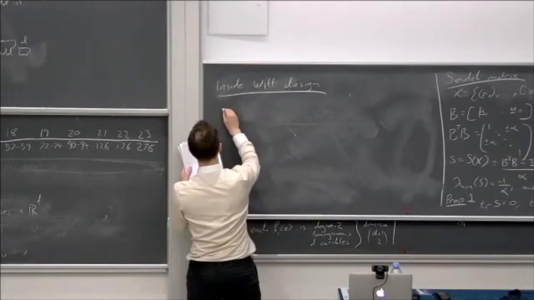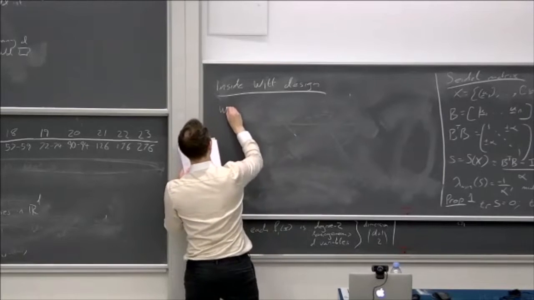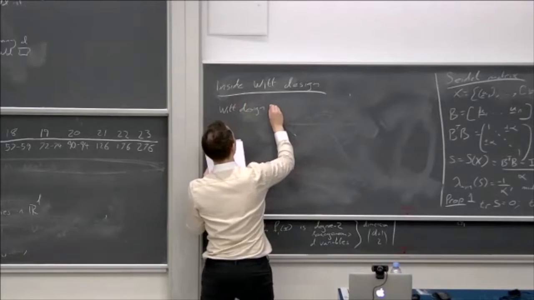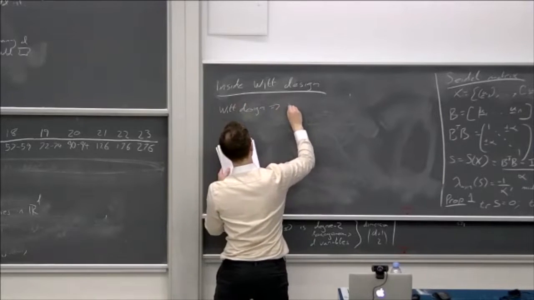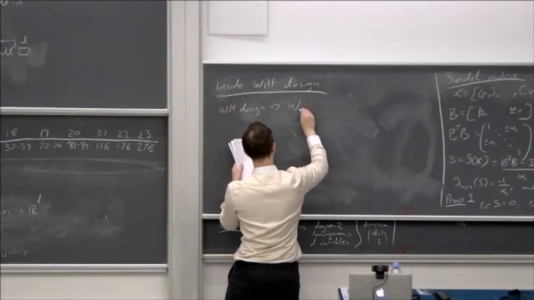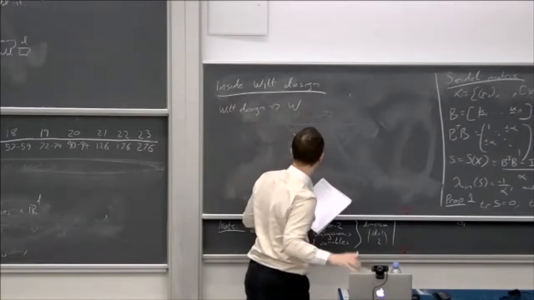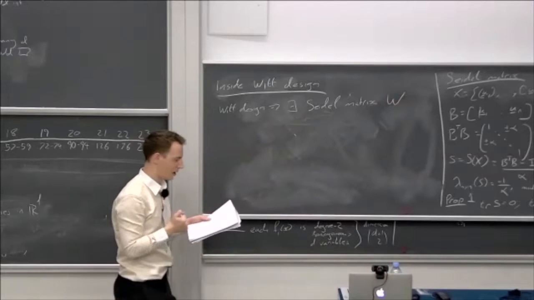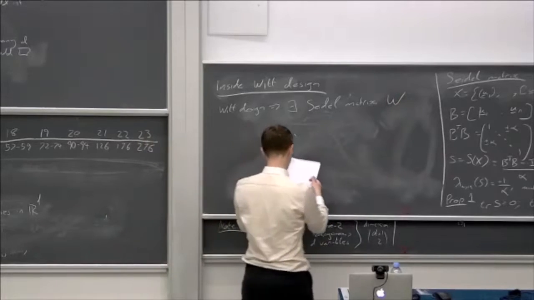But I'm just going to say, using something called the Witt design, we can obtain, or it shows us there exists, some Seidel matrix W corresponding to 276 lines in dimension 23.